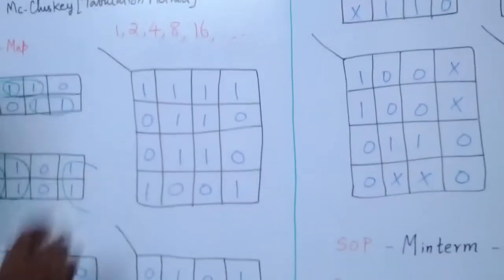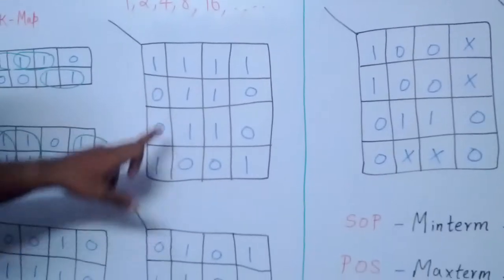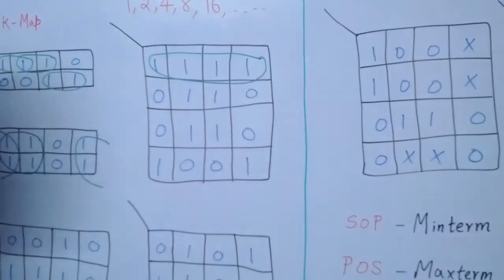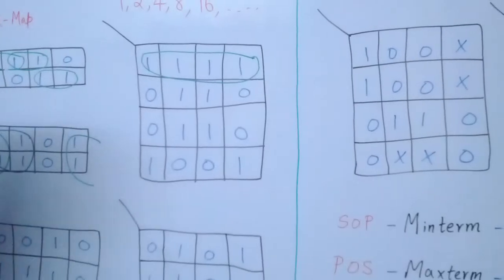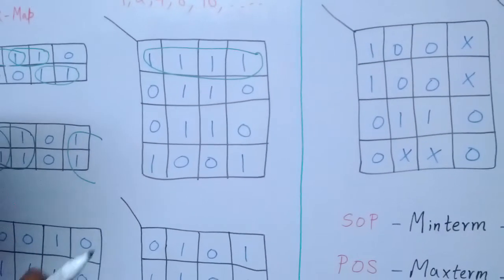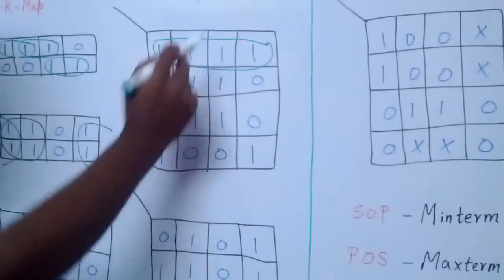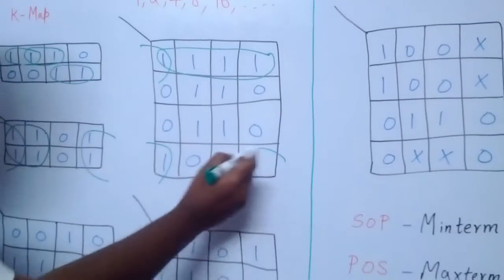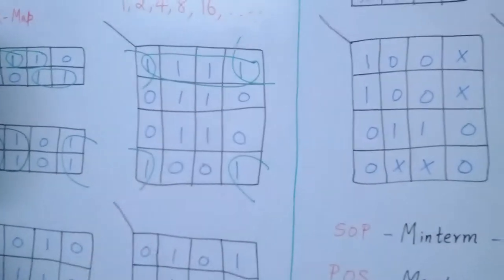Then coming to this part. Here how to group. Maximum number of ones in a group. As soon as anyone sees this, they will group this. Always do the grouping with pencil. If it is wrong, we can erase it. Okay. These 4 ones. Then the edges 4 ones can be grouped. Edges 4 ones.